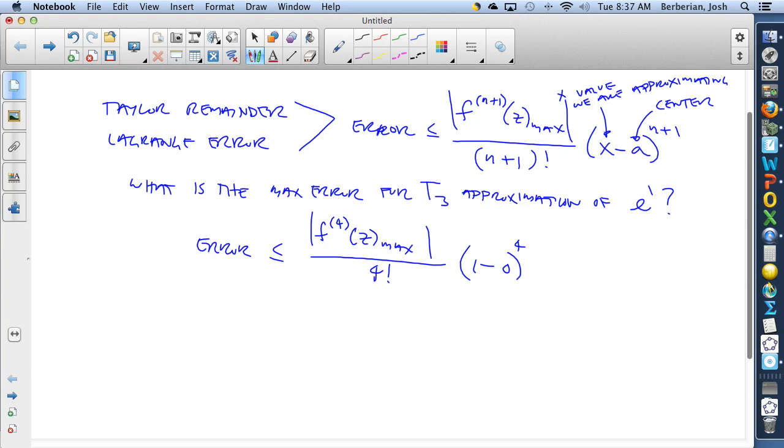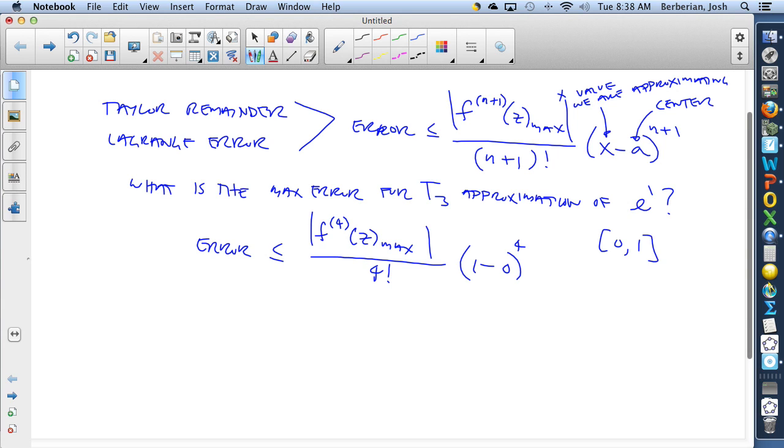What does it mean? All right, so what it means is, on the interval that you're approximating, and in this case we're approximating on the interval from 0 to 1, right? When we're approximating 1, we're looking at the Taylor series from 0 up to and including 1. So we're looking at from 0 to 1.